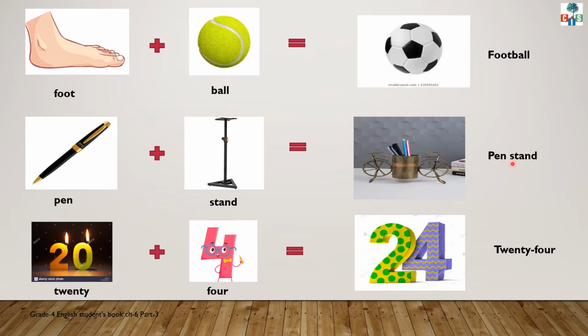And there is a space between these two words. So, it is an open compound word. Next is 20 plus 4. It gives you 24. So, there is a hyphen between these two words. So, it is a hyphenated compound word.